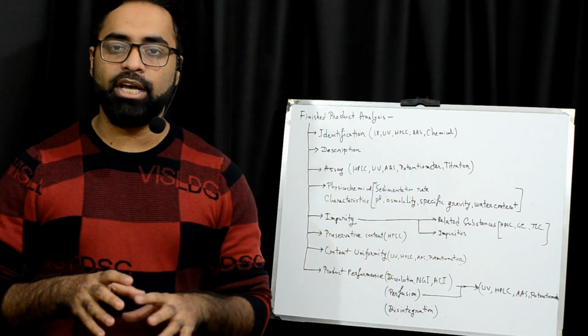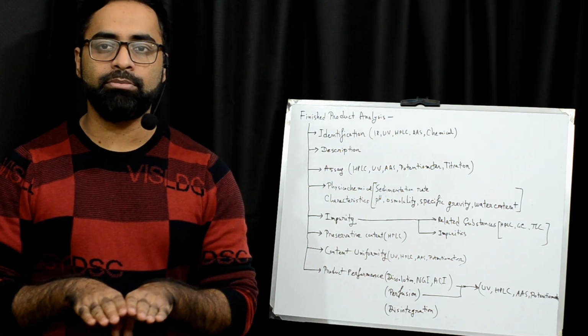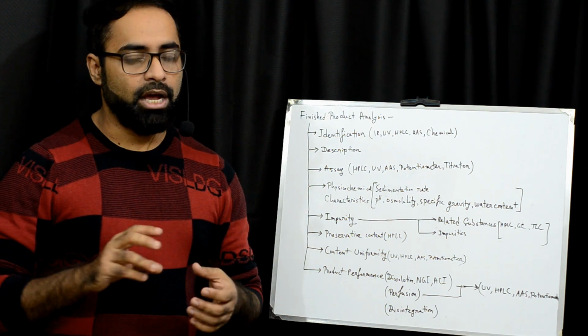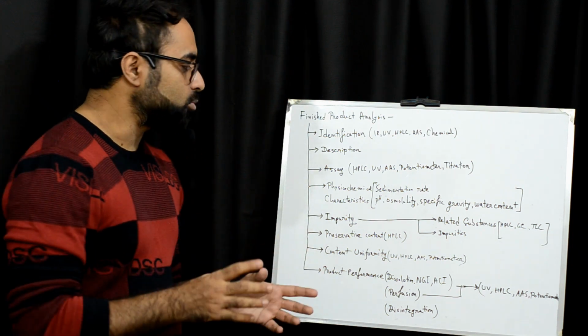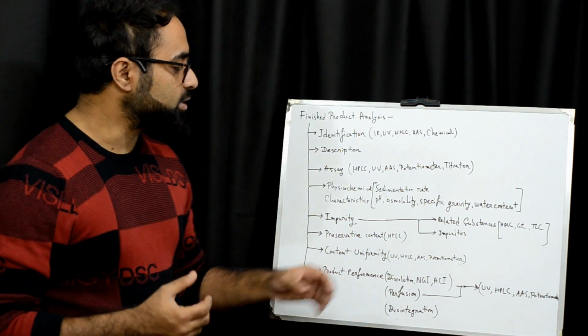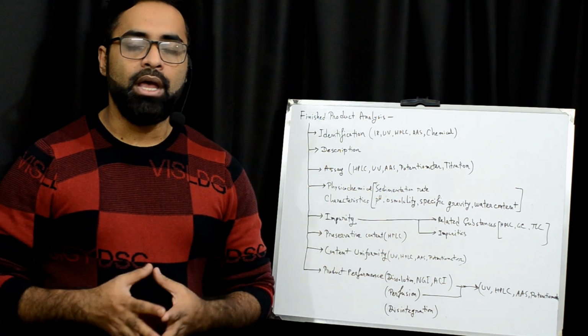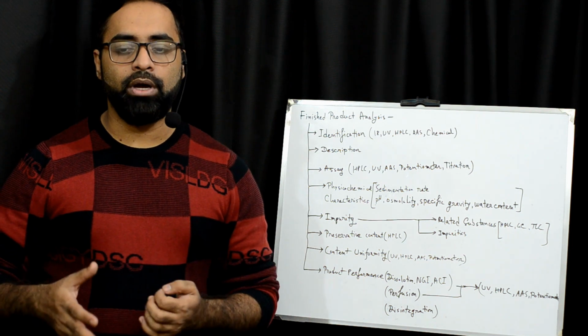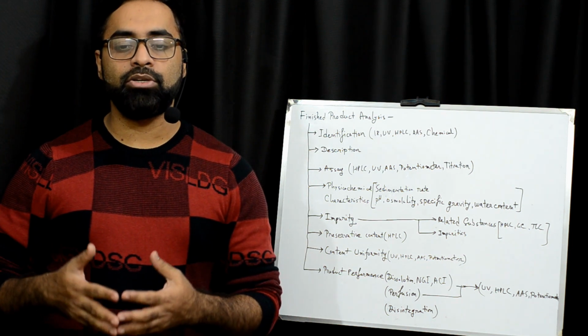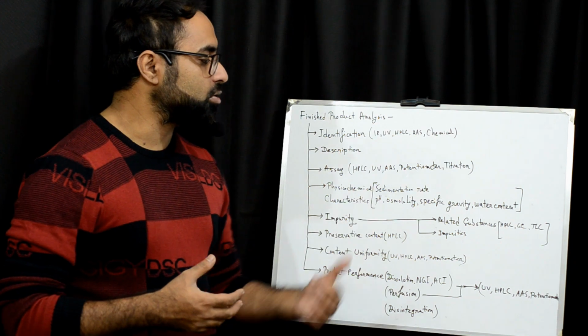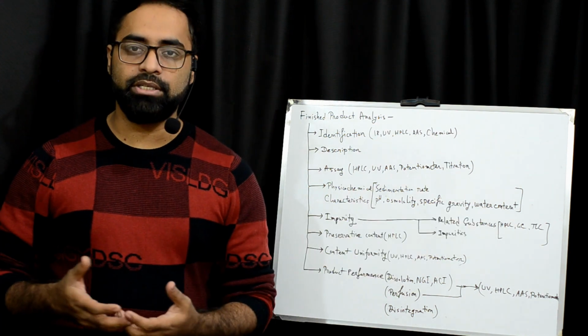Similarly, osmolality. We have a very specific osmolality for our blood, and our product must match that osmolality. That's why we have to test. There are also specific gravity and sedimentation rate if we use a suspension. To judge the suspension quality, we must see that sedimentation rate. Also, there is water content.